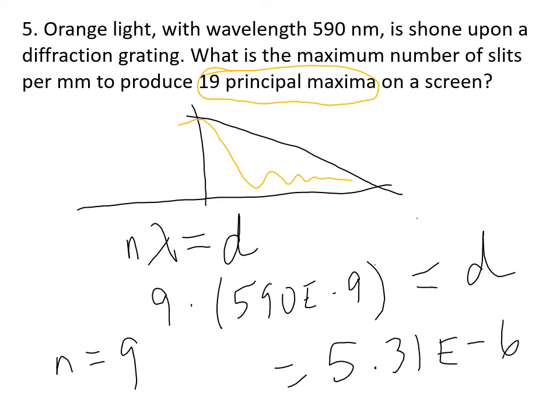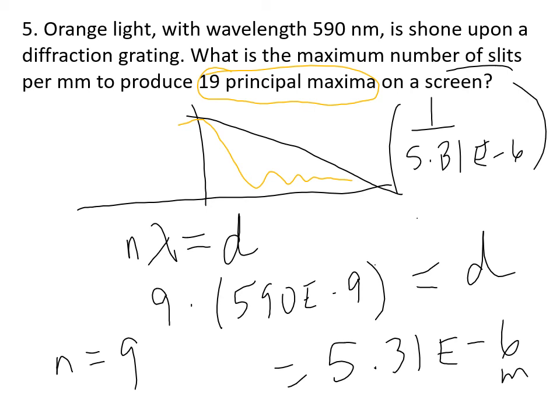Okay, but they want the maximum number of slits per millimeter. This is in meters, so you need to invert this number. So we will do 1 over 5.31e negative 6, and this will be in per meters.